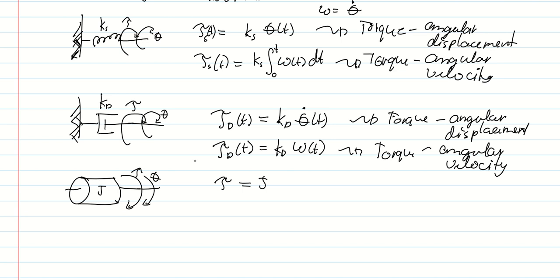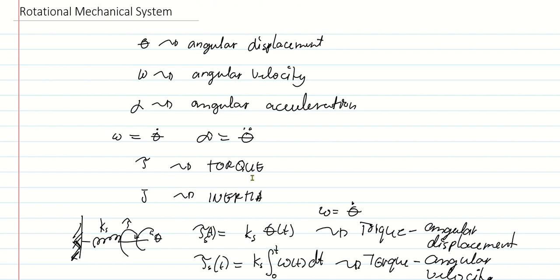So here it will be inertia times the angular acceleration alpha, or this is J times omega dot, or J times the second derivative of the angular displacement. So these are the different parameters.